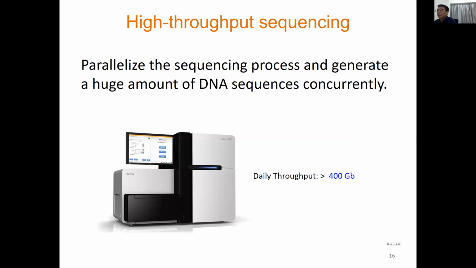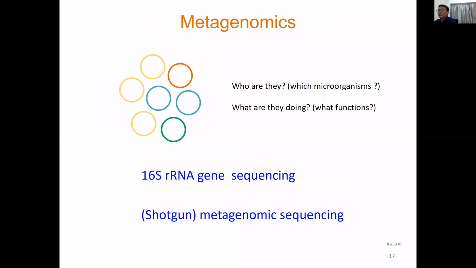Based on the high throughput sequencing technology, metagenomics has developed very fast in recent years, and has been widely used in the research of biology, including environmental microbiology.